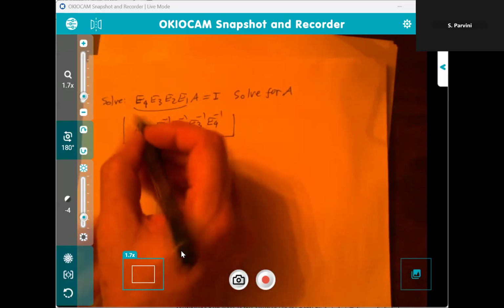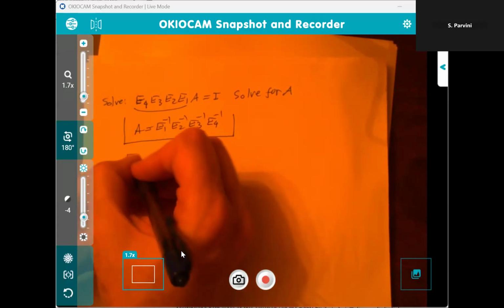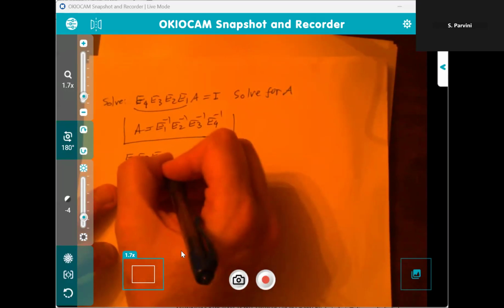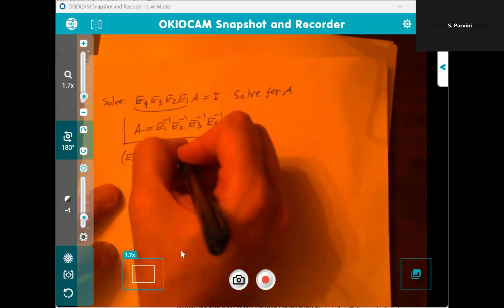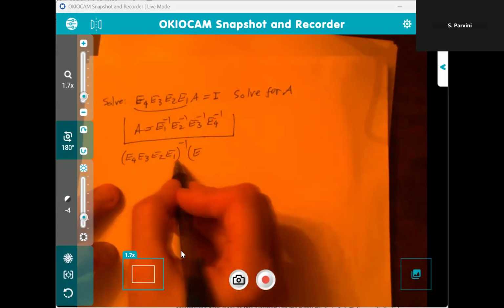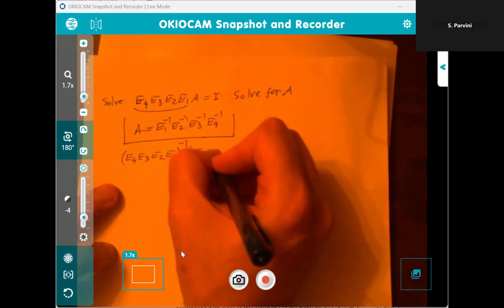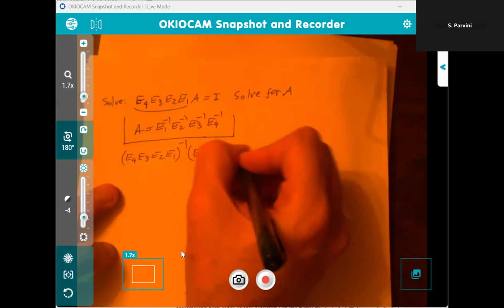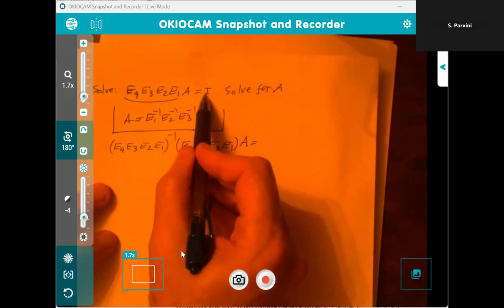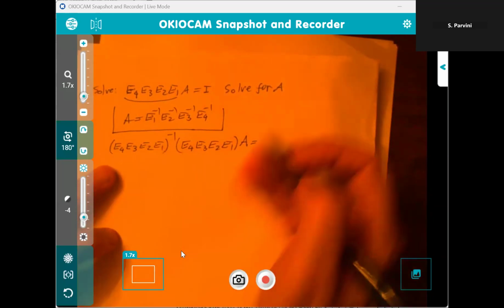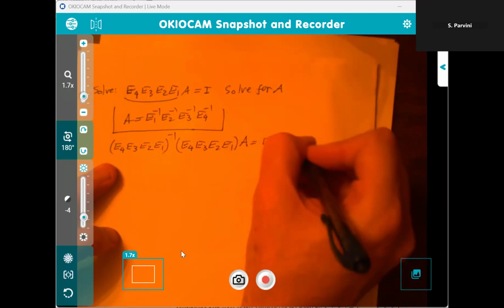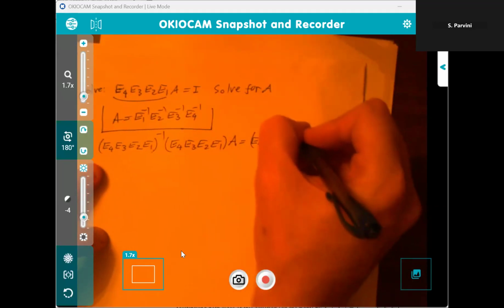So if I pre-multiply by E4, E3, E2, E1 inverse on the left side, times A, I'm pre-multiplying the identity matrix on the right by exactly the same thing. So it's going to be E4, 3, 2, 1 inverse times I.